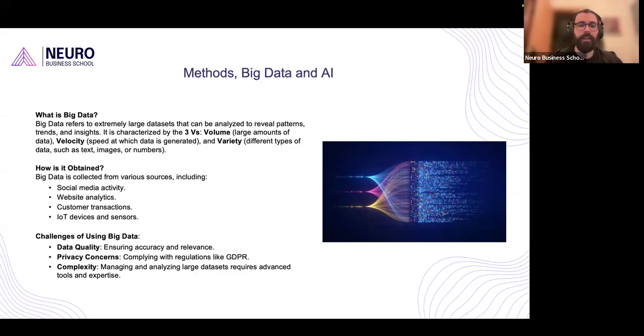For example, in Europe there are really restrictive laws about the use of data, because there are regulations for privacy. And complexity. Managing and analyzing large datasets requires advanced tools and also expertise. So obviously you don't need to be developers, but if you really want to do a good processing of this information, probably you need to work with someone that knows this kind of technologies and methods.